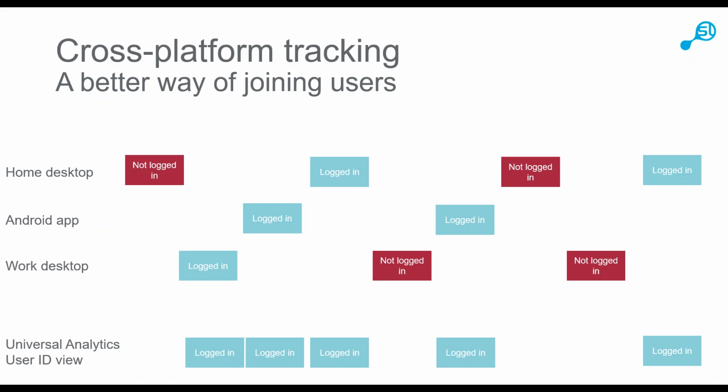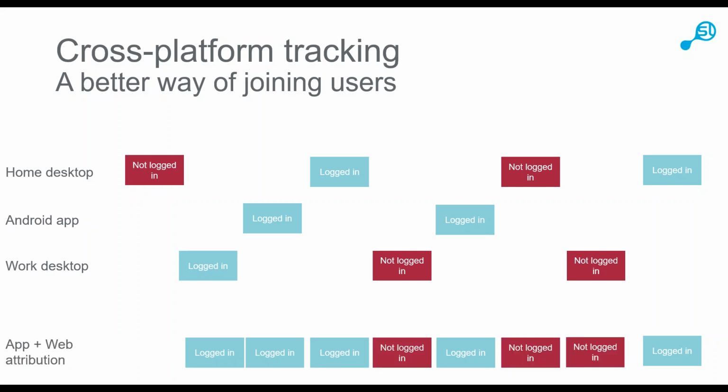So the first big thing, and I think the best thing of the new platform, if you've got a logged in solution, is that it will now be able to join those up in a much better way. To explain how that will work, once you've logged in on a certain device and output your CRM user ID in the tracking code, the app and web property will join up every single session using that user ID and not the underlying client ID.